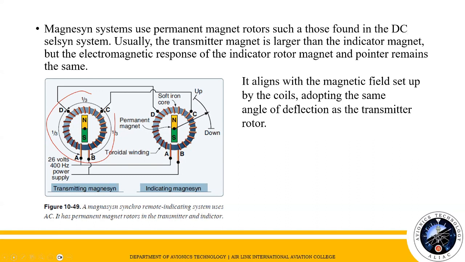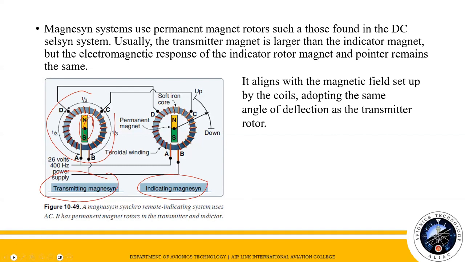Once na umikot yung magnet dito, or let's say yung rotor na naka-attach dito, okay, same yung nangyayari sa transmitter and indicator. Yan nangyayari. Same, AC. So, yung mga autosyn system are further distinguished by the fact that the transmitter and indicator rotors use electromagnets rather than permanent magnets.